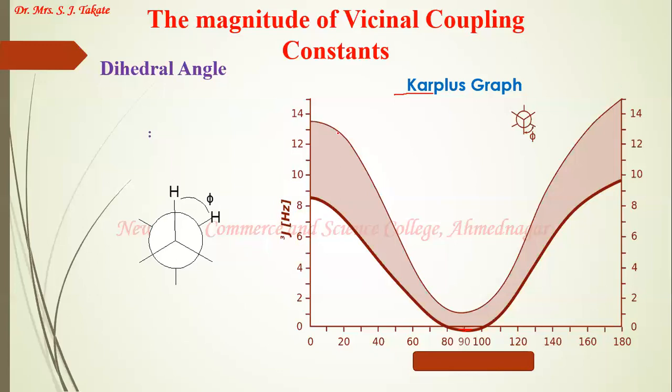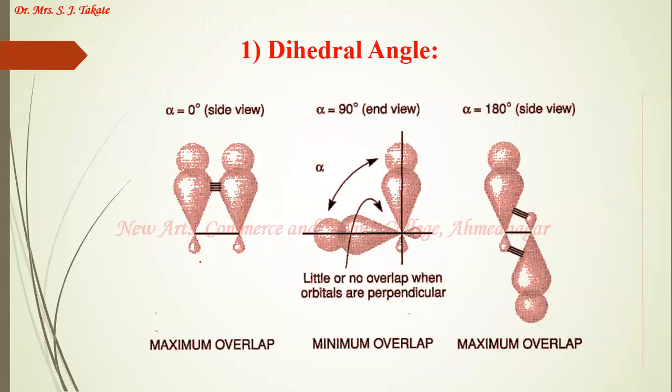So a 0-degree or 180-degree dihedral angle has higher coupling constant values, while at 90 degrees there is no coupling between the coupling partners. This is because when the dihedral angle is 0 degrees or 180 degrees, the bonding orbitals can have maximum overlap with one another.